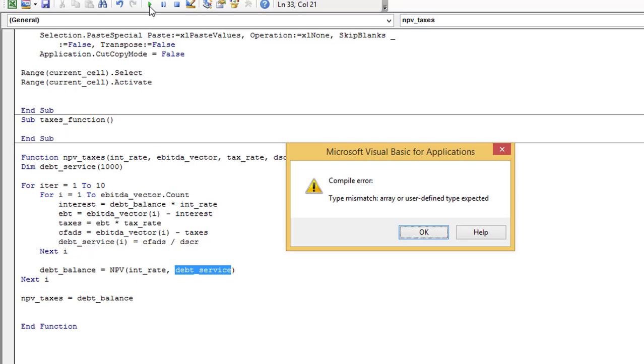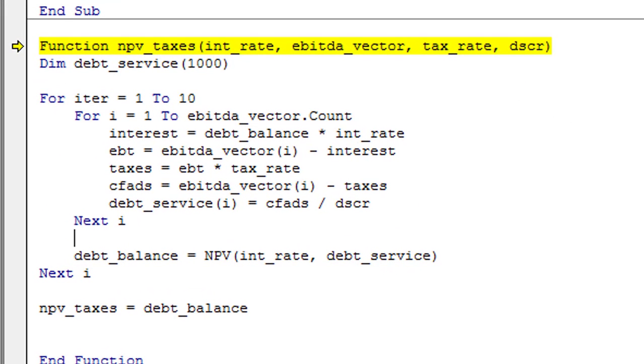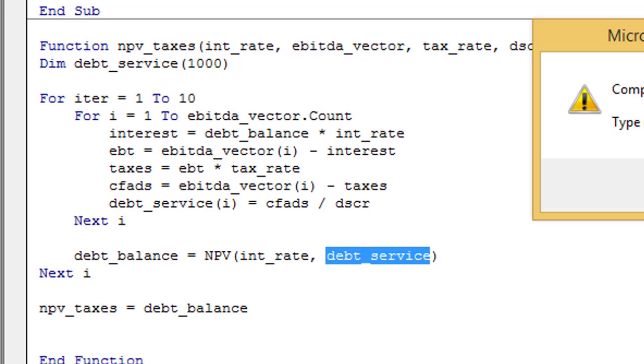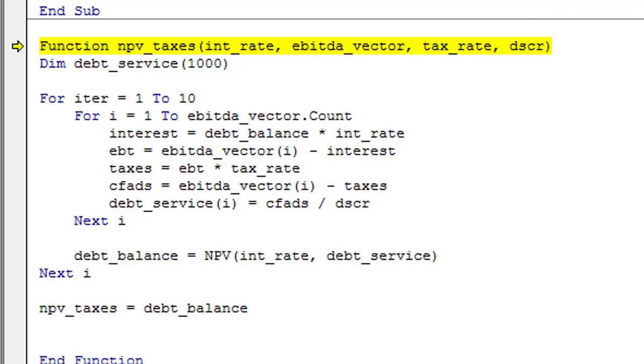And then I did this on debt service. Debt service. Now, why didn't it like that one? Okay, just a minute. I'm sure you see it and I don't.